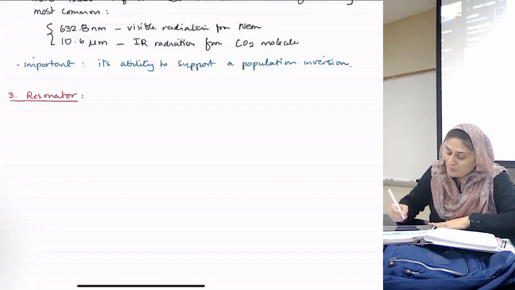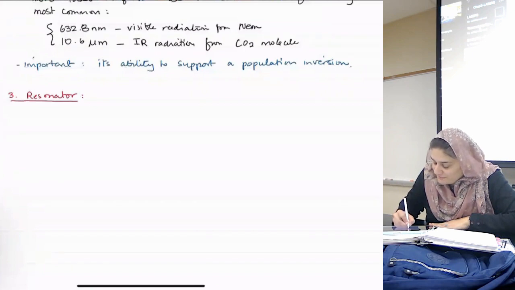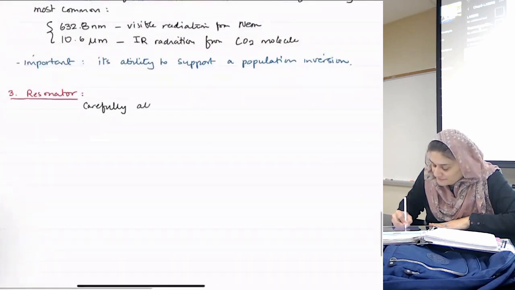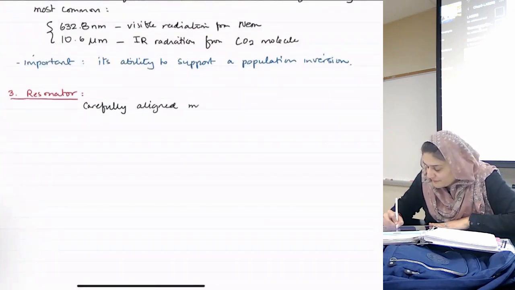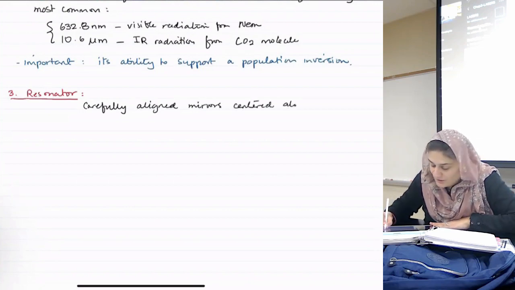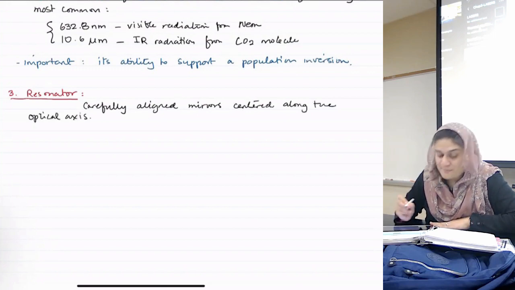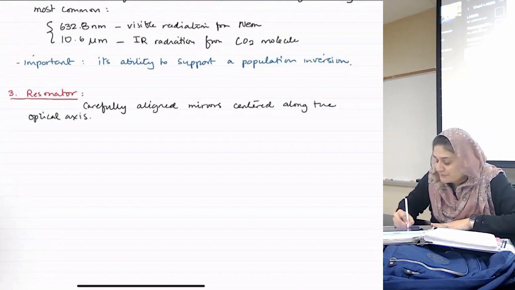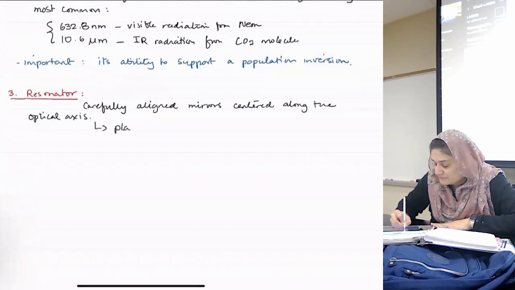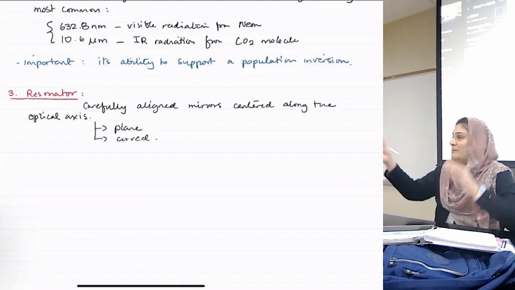Okay? So the important part for this is carefully aligned mirrors centered along the optical axis. They could be plane or they could be curved or some combination of plane and curved.